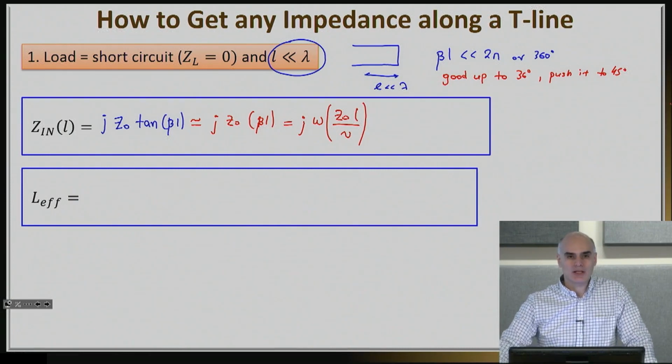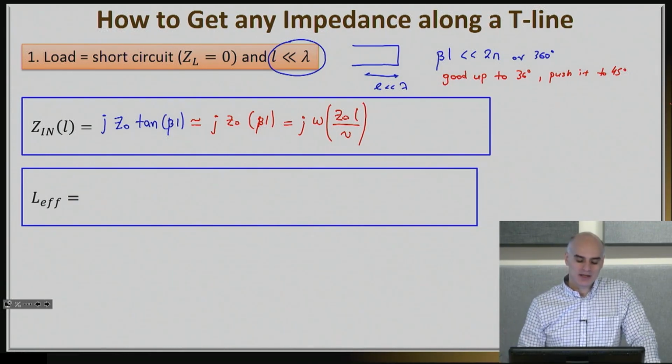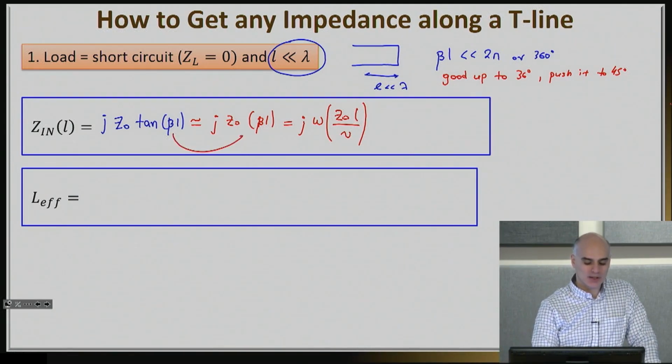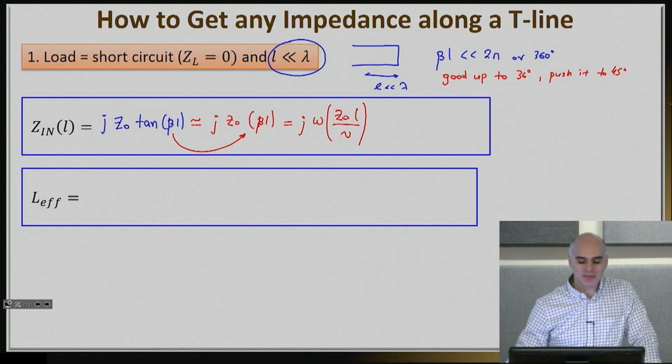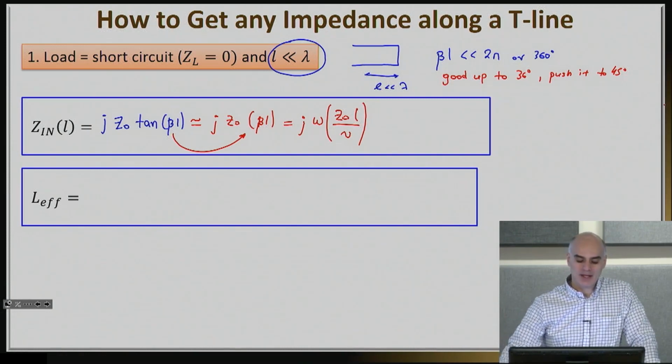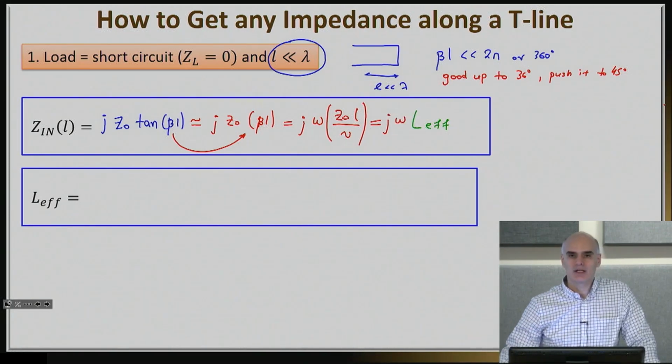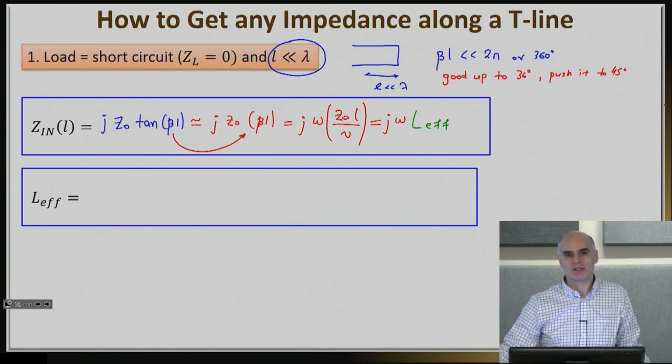So what is really interesting about this equation is that I started with a shorted transmission line. I was able to express tangent beta L as approximately equal to beta L. And then I replaced beta, and I got this equation here, which can also be written as j omega times some effective inductance. I mean, at the end of the day, what is the impedance of an inductor?